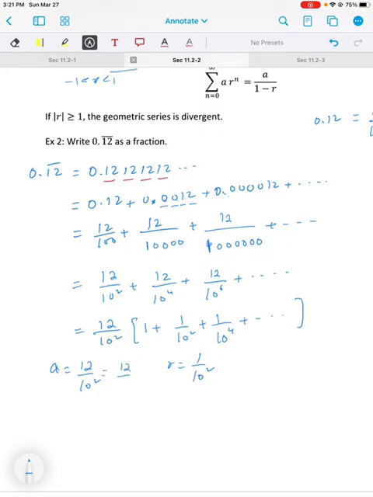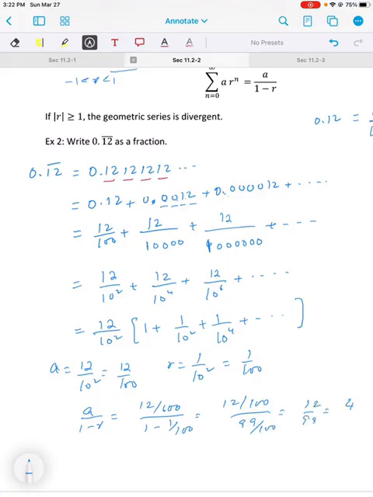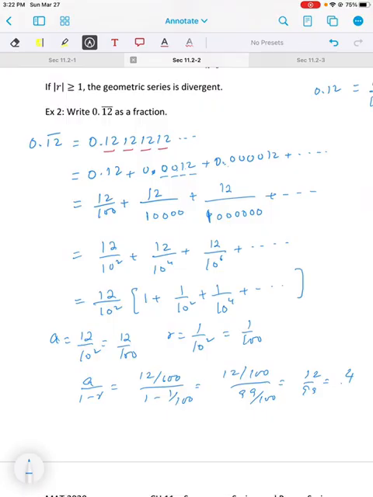In other words, a is 12 over 100 and r is 1 over 100. So a over 1 minus r is 12 over 100 divided by 1 minus 1 over 100. So we get 12 over 100 over 99 over 100, which gives us 12 over 99, or we simplify, because 3 goes into both. 3 times 4 is 12, and then divided by 33. So that is your fraction.